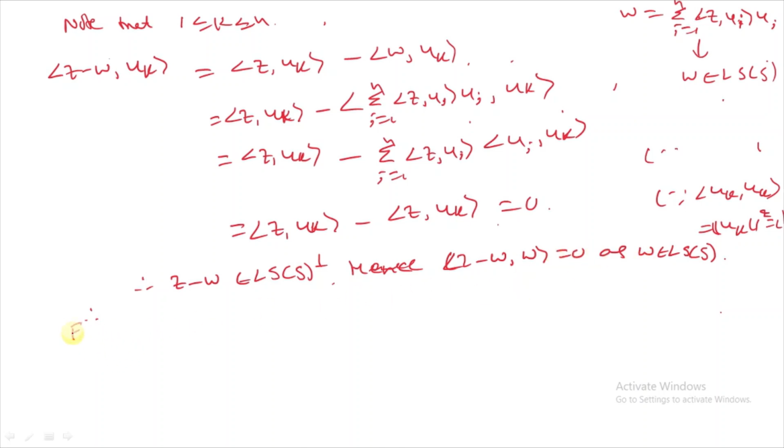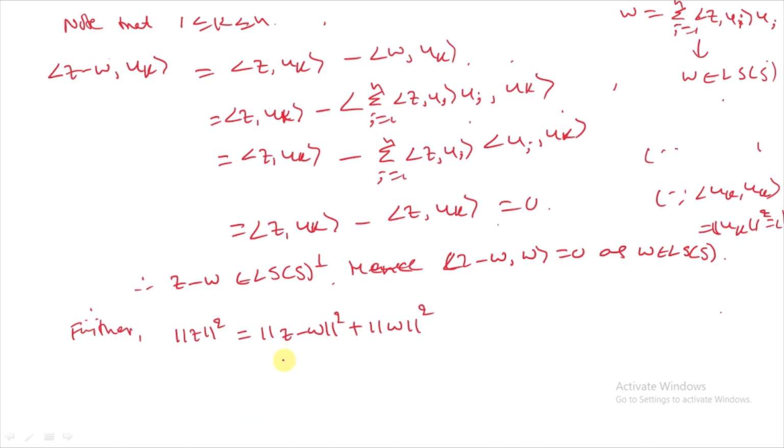Further, now we have norm Z squared. We have taken Z equal to this one, so we can write norm Z squared equals norm of Z minus W squared plus norm W squared.